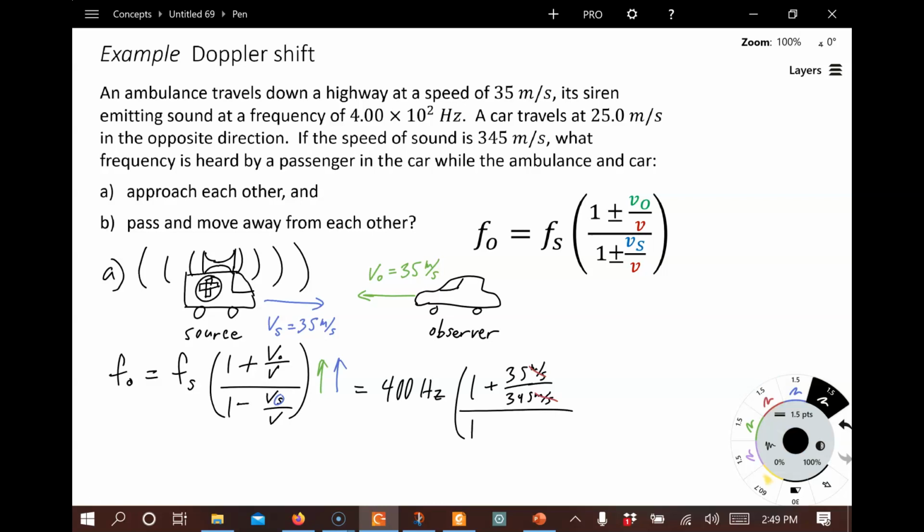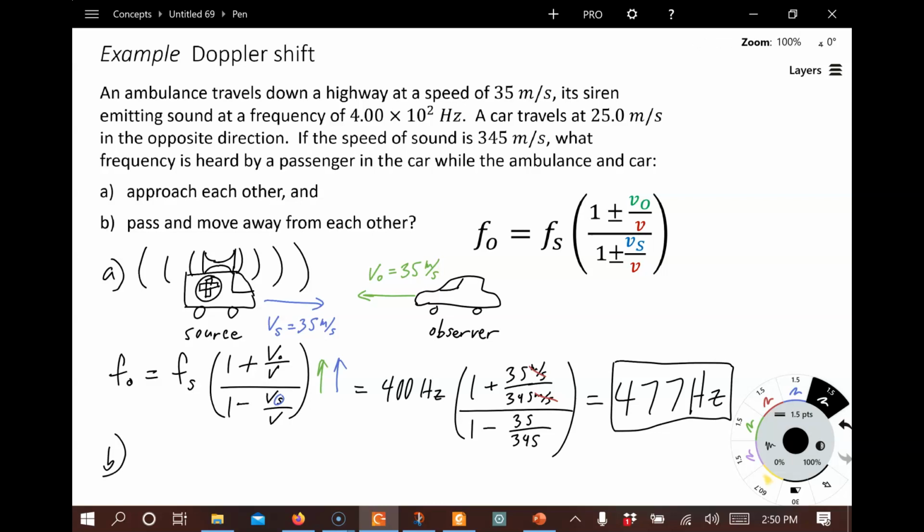And in the bottom, 1 minus the speed of the source, 35 meters per second, and again divided by the speed of sound. And when we calculate that, we get an answer of 477 hertz. So both the source and the observer moving towards each other generates an increase in the frequency, a higher pitch. Let's look at part B.